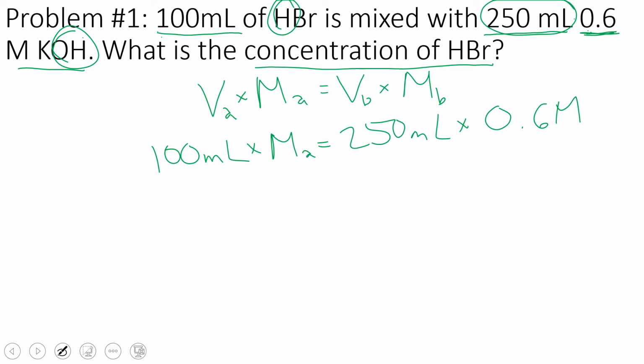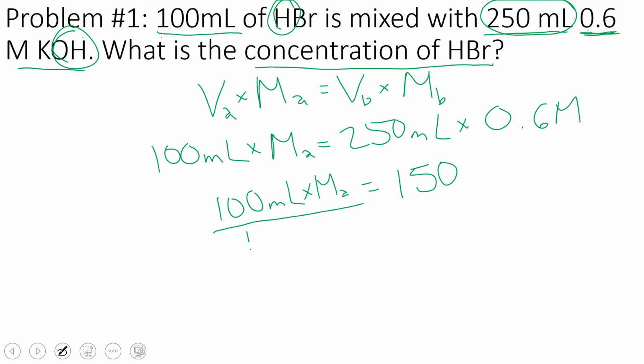Right? So just like if we were in math class, we're going to simplify this. 250 milliliters times 0.6 is going to give me 150, which is going to be equal to 100 milliliters times my molarity concentration of my acid.